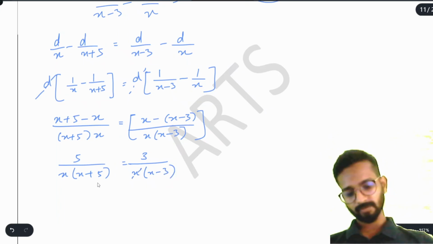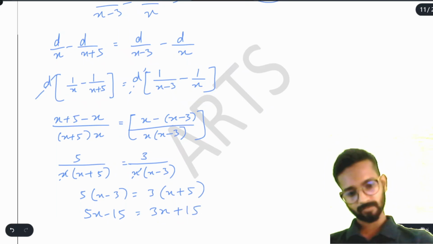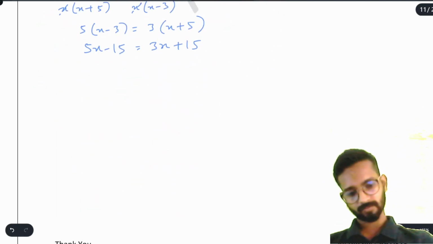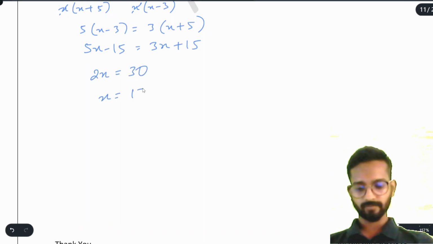Simple. X will be cancelled. 5 into x minus 3 is equal to 3 into x plus 5. 5x minus 15 equals 3x plus 15. You can write 2x is equal to 30. X is equal to 15.